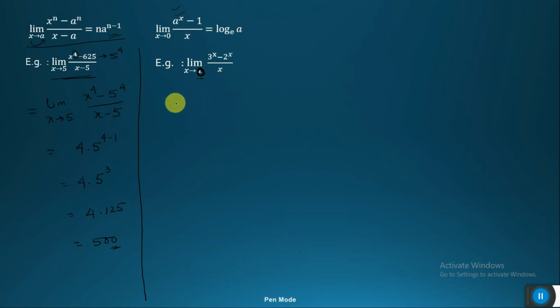Now let's see what I can do here. Limit x tending to 0, 3 to the power x minus 1 minus 2 to the power x. Now this one I am bringing by myself extra. Okay, so can I write plus 1 to remove it? Why I am doing this is I am trying to bring it in this form.